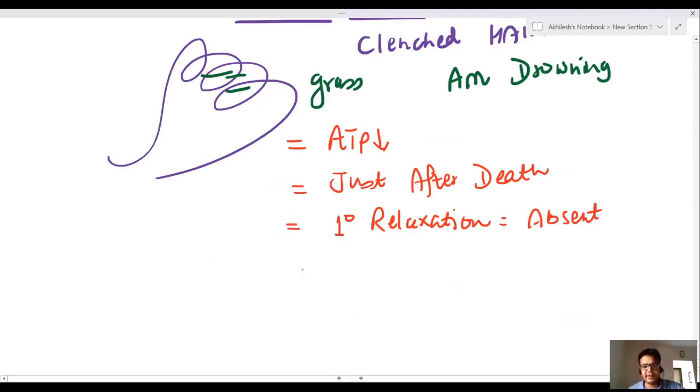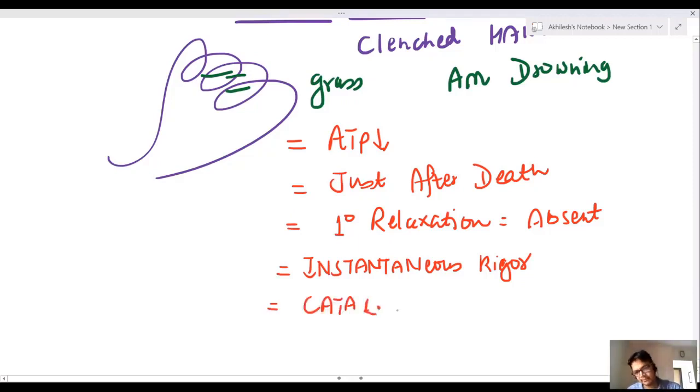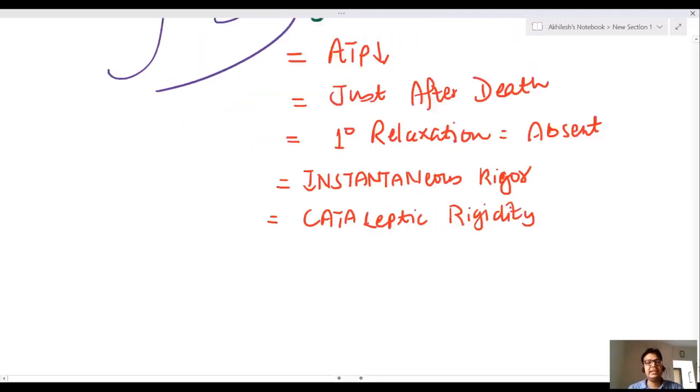It is known as instantaneous rigor, also known as cataleptic rigidity. The mechanism is ATP depletion just after death.